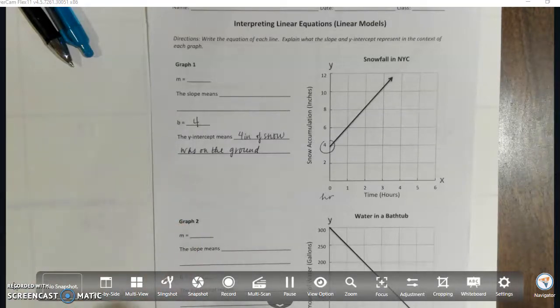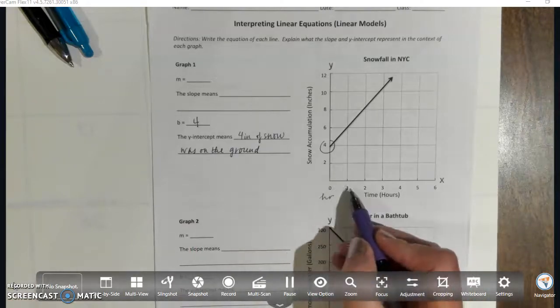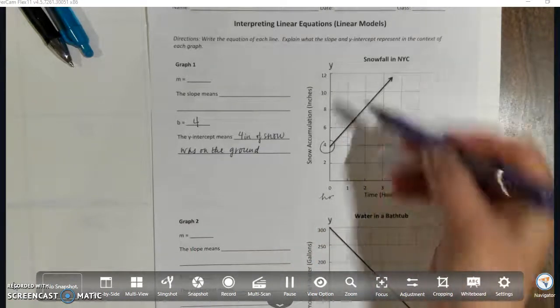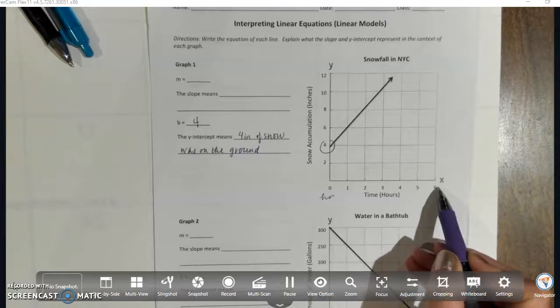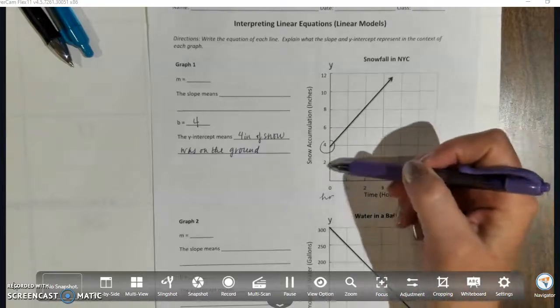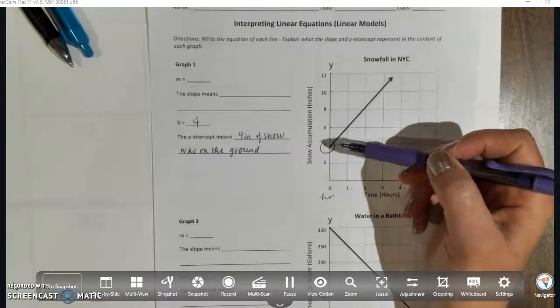This is a great example where your graph is not a standard graph that goes by 1, 2, 3, 4 on X and Y. It does go by 1 on X, but on Y it goes by 2. Why is it important?